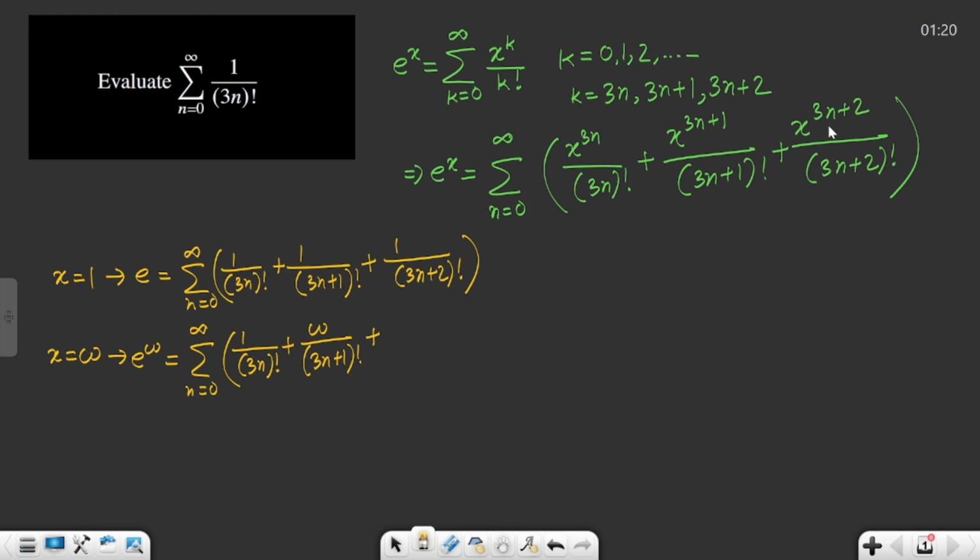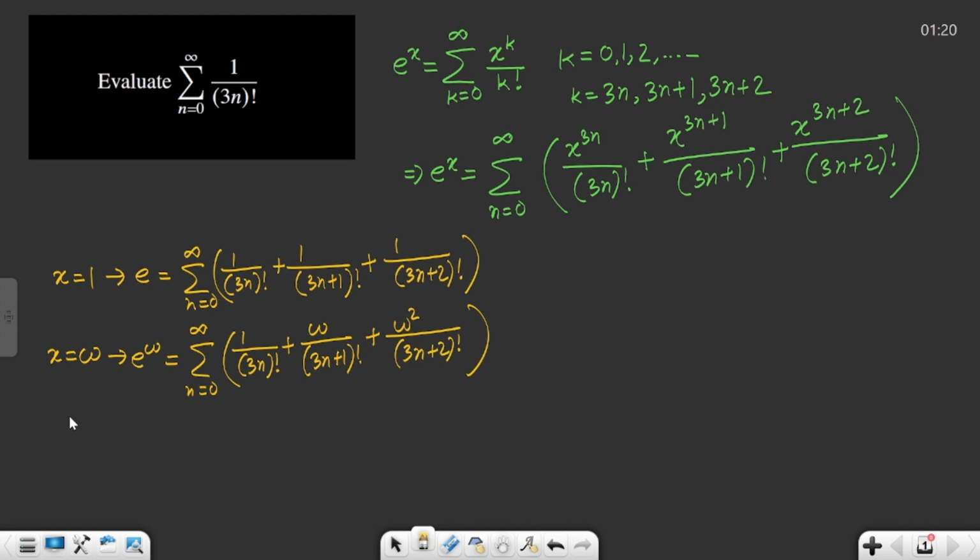That is simple logic. So omega to the power 3n is equal to 1, so we will get omega square divided by 3n plus 2 whole factorial. So when we put x equal to omega, we get this result.